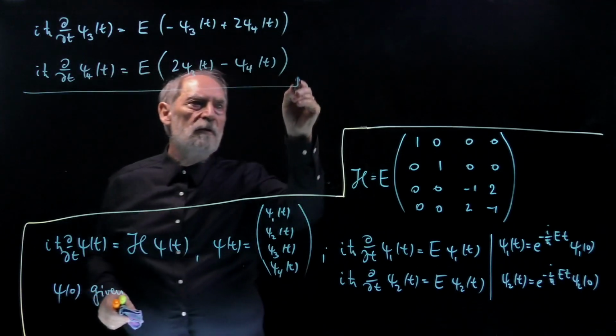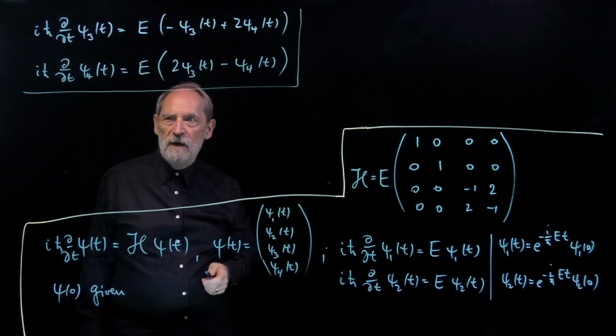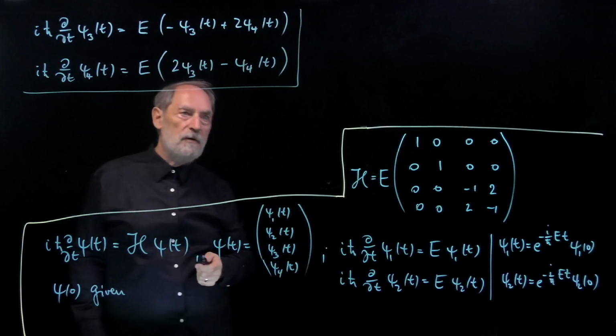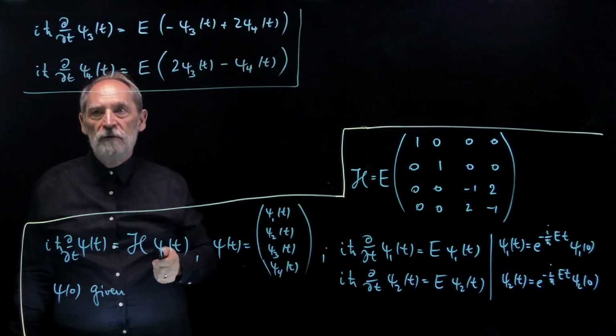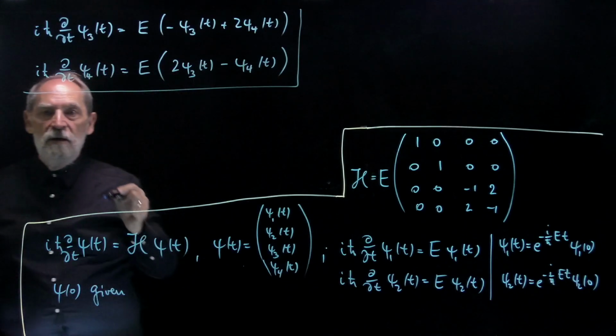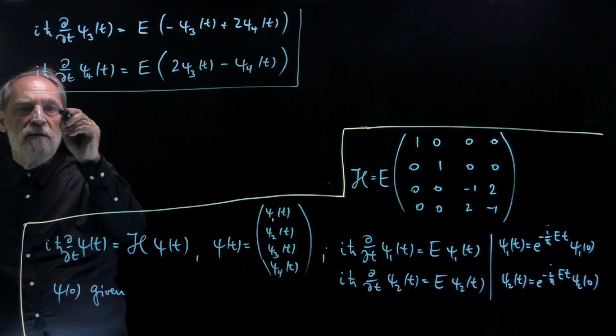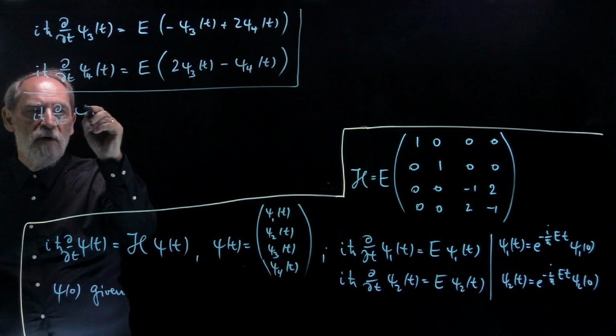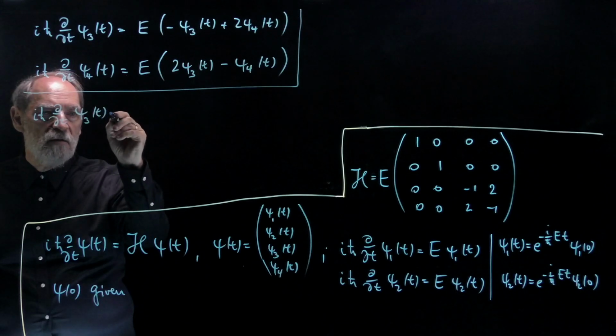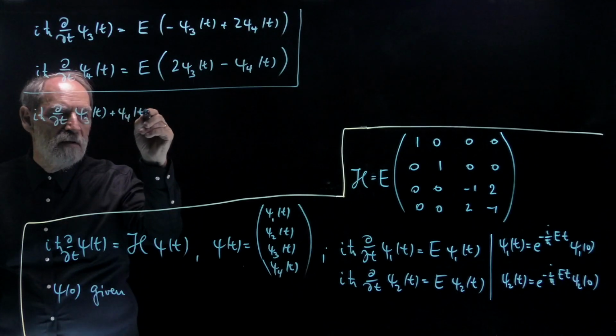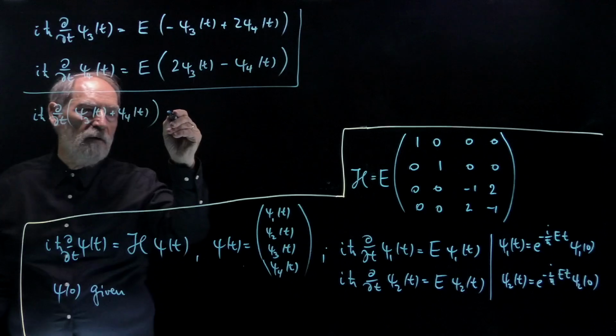And so, of course, we could now apply any one of the general methods to go about this. But it's actually not so difficult to see that there is a simplification when we look at the sum of psi 3 of t and psi 4 of t. So what's the time derivative of this sum?